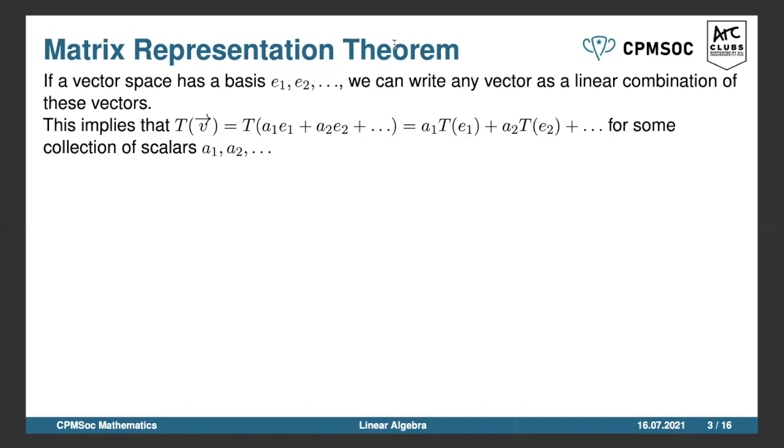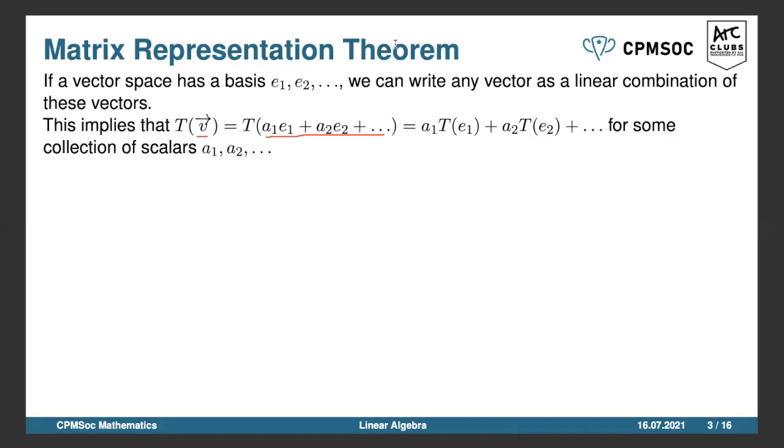So this implies that the transformation of vector v is equal to the transformation of a1 e1 plus a2 e2, etc. Because those are a basis for that vector space, we can express vector v, which is in that vector space, in terms of those constituent basis vectors.